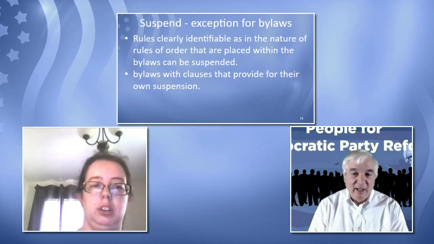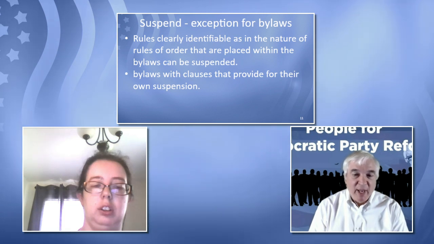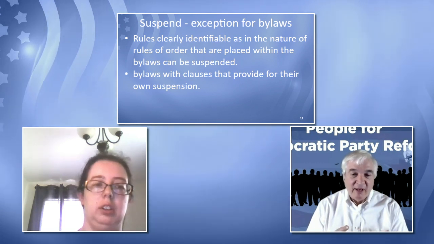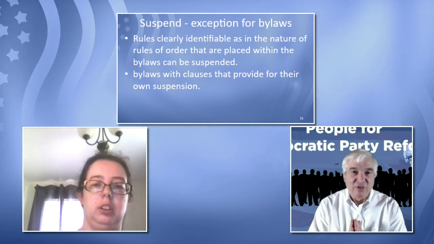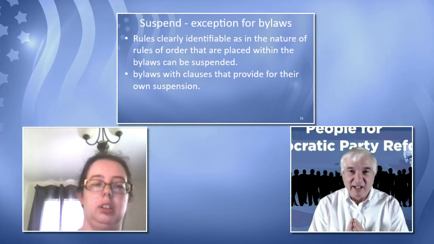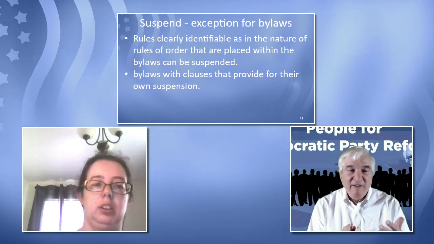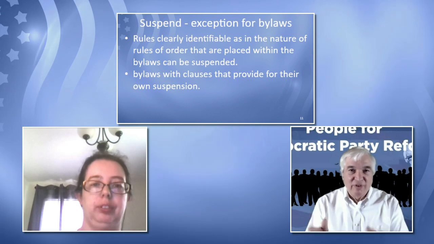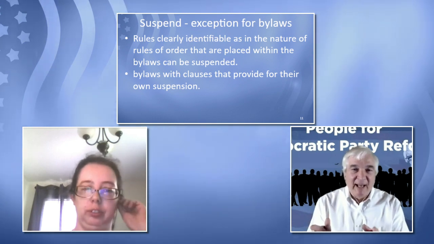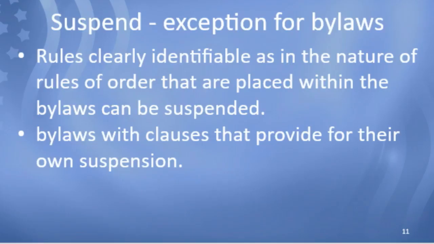And so the way rules that are there, so the exception for the bylaws, it is a little bit of a brain twister. So the fundamental rule is you can't suspend the bylaws because those are things that you have agreed to abide by in the organization. But sometimes rules of order, which are procedural things, are built into the bylaws.